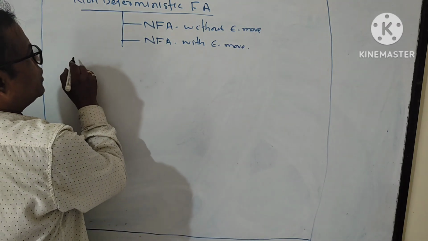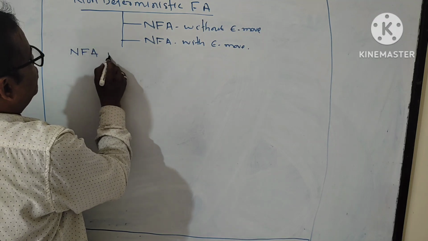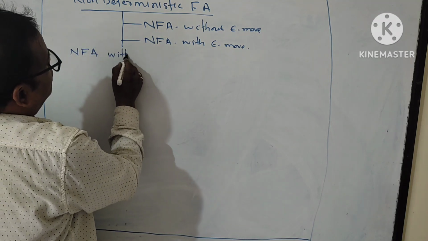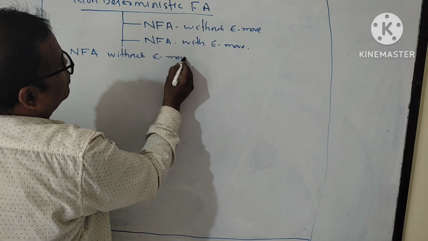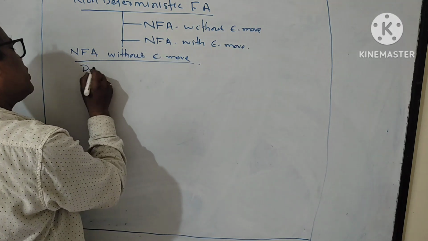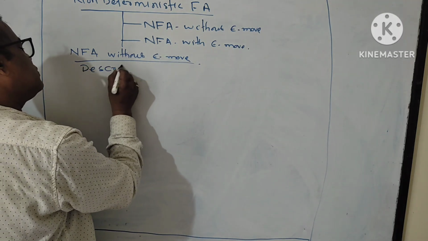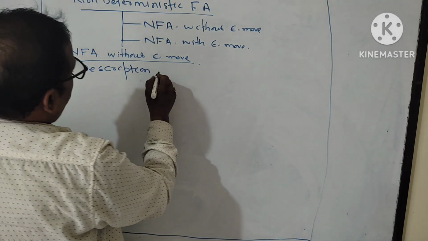Now let us go with NFA, next category. NFA without epsilon move. Let us discuss the formal description of NFA.